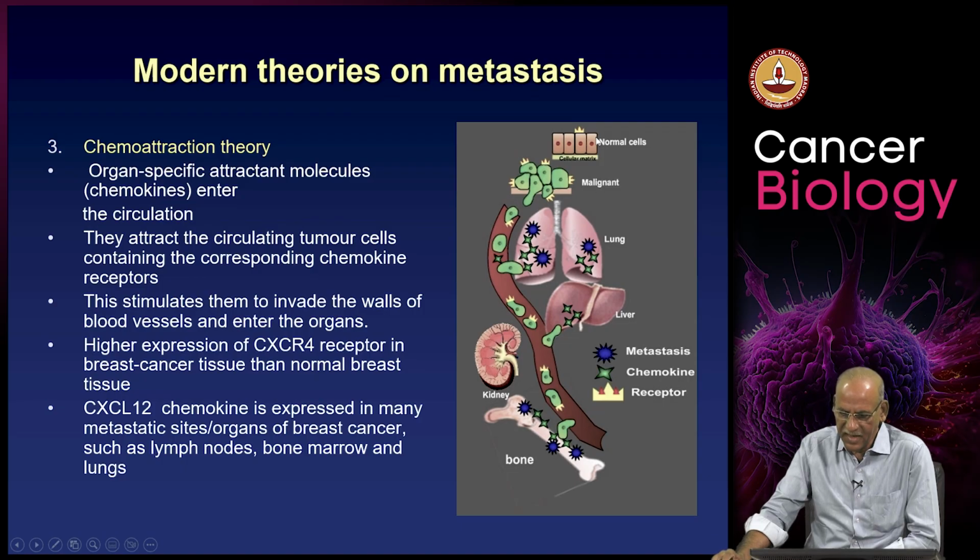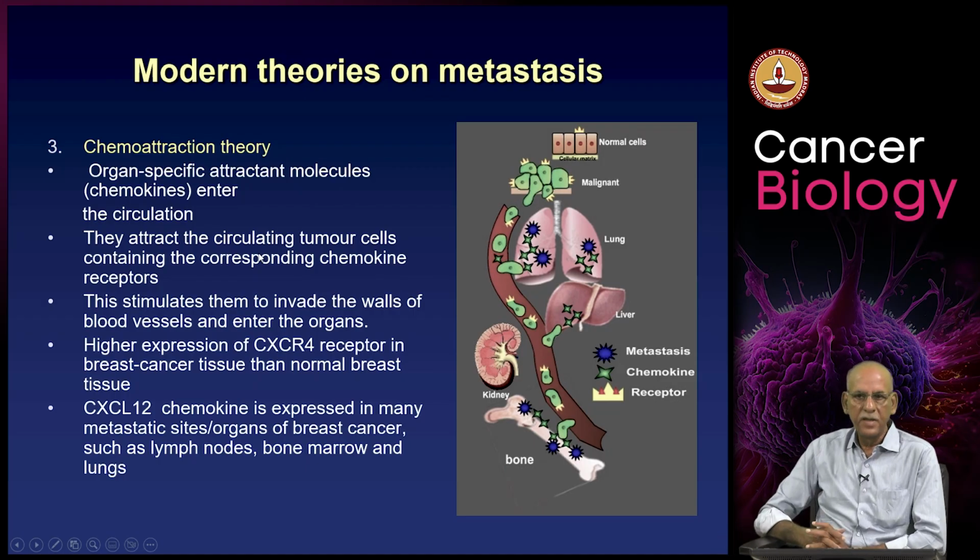You can see here normal cells, and then they become malignant and travel through the blood, and then certain chemokines, the attractant molecules, enter the circulation and attract the circulating tumor cells containing the receptors.